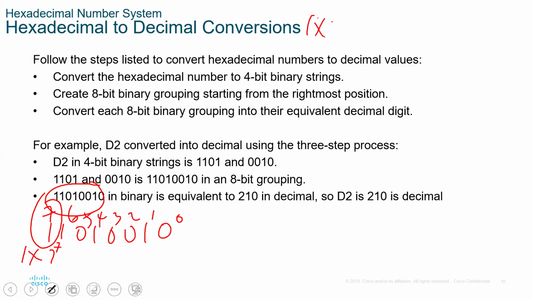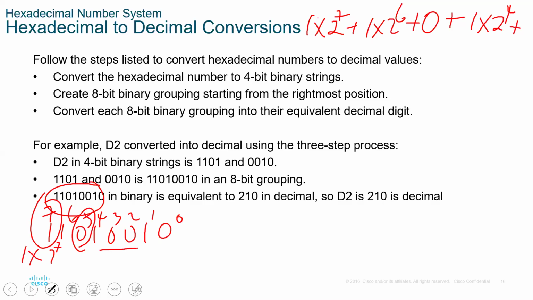1 times 2 raised to the power of 7 plus 1 times 2 raised to the power of 6 plus this one is 0, so I'll just put 0 plus this one, 1 times 2 raised to the power of 4, plus these two here are 0, plus 0 plus 0 plus this one here, 1 times 2 raised to the power of 1.